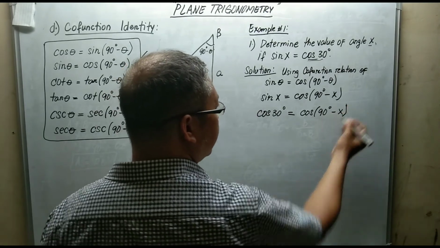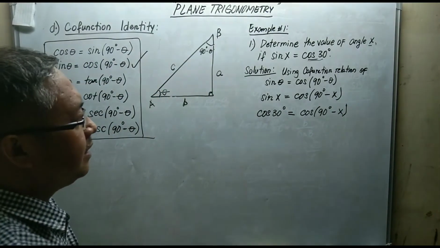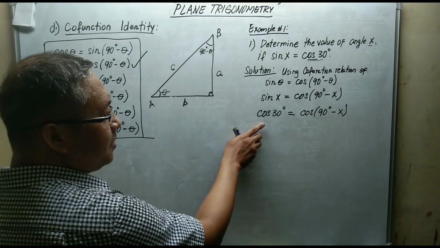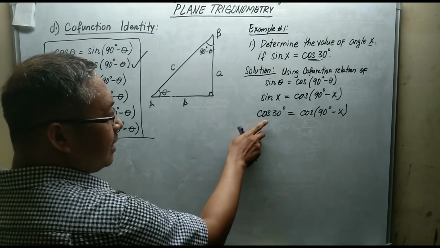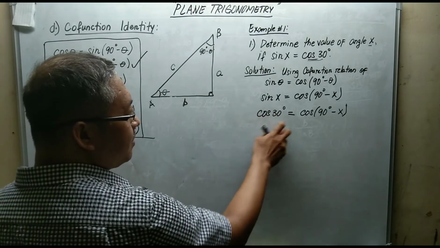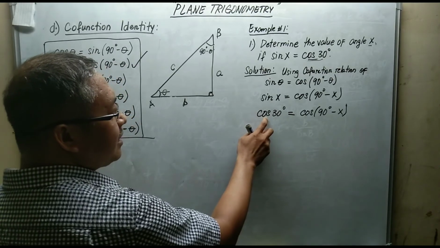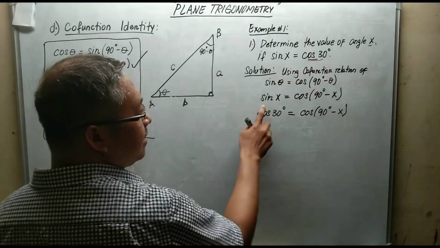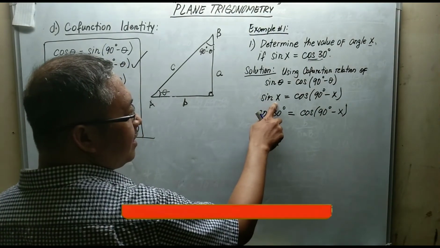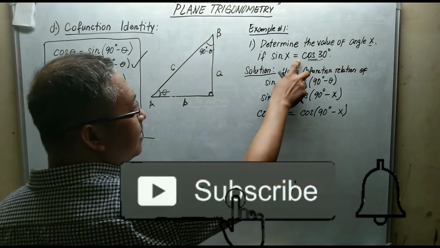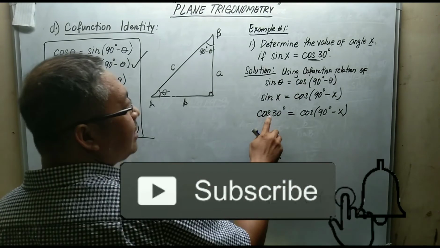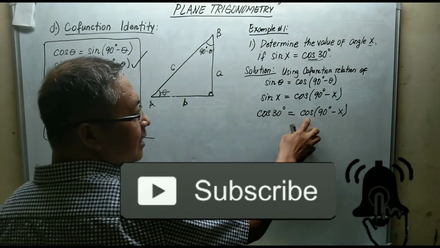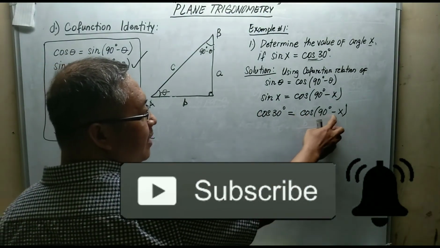See, guys, you know where I got these functions. This is given: sine x is equal to cosine 30. The value of sine x is equal to cosine 30 as per the given problem, and to be equated to the cosine 90 degrees minus x.